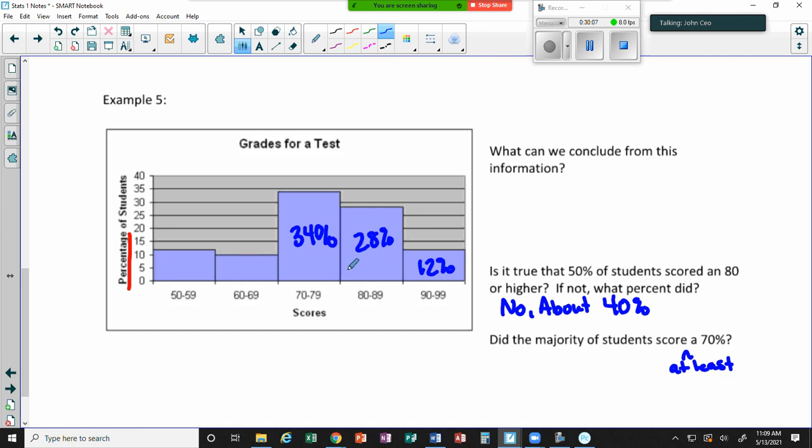Is that a majority? So 40 and 34 is 74%. So I'd say, yeah, the majority, right? About 74% did. Okay.